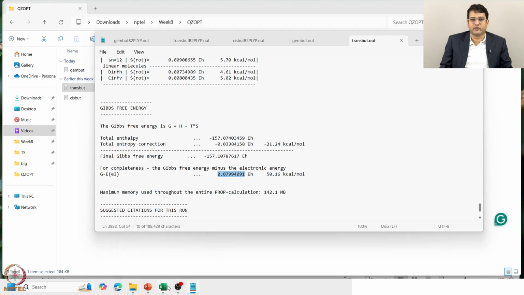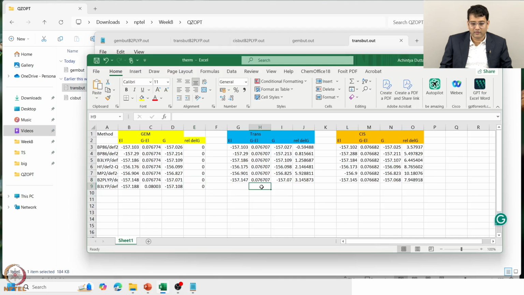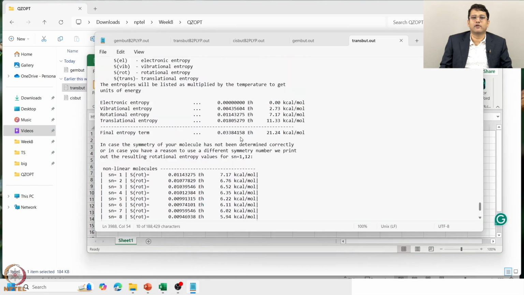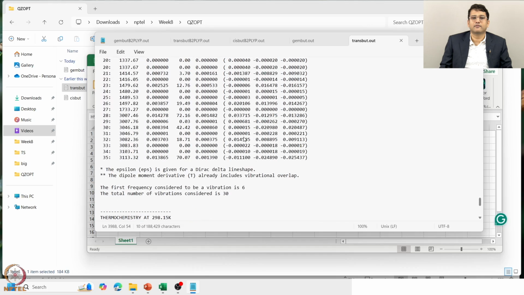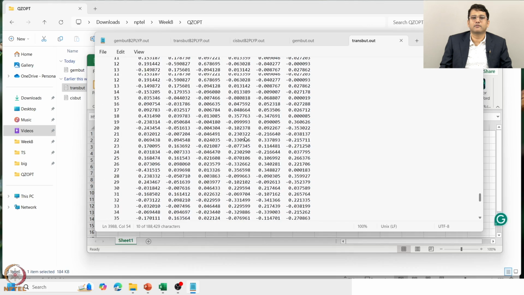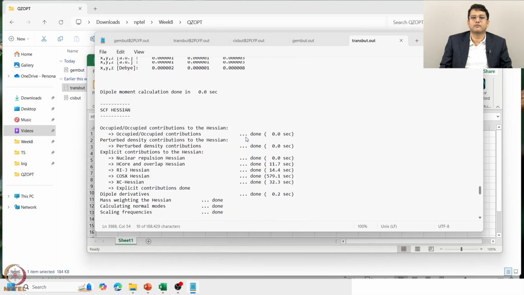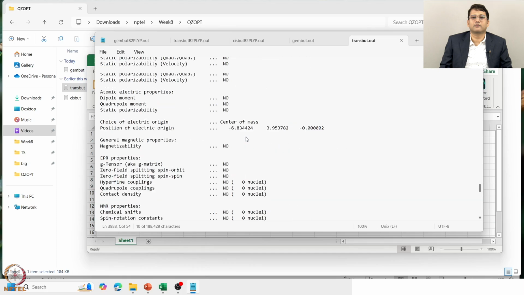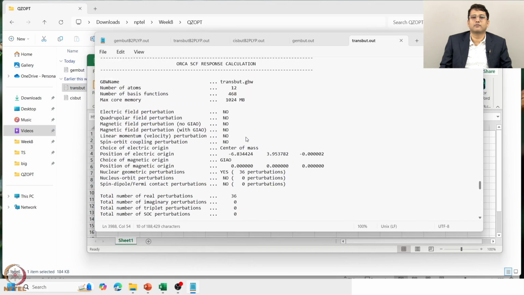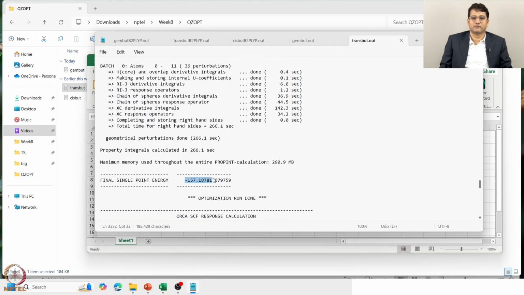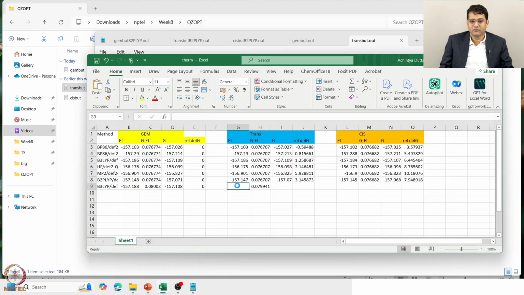The thermochemistry contribution is slightly higher than what you got at def2-SVP BP86, and if I now calculate the single point energy, so this is my total free energy now.